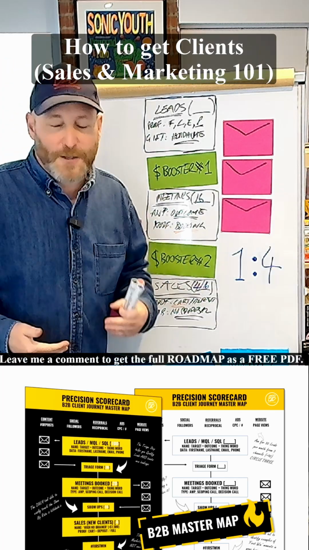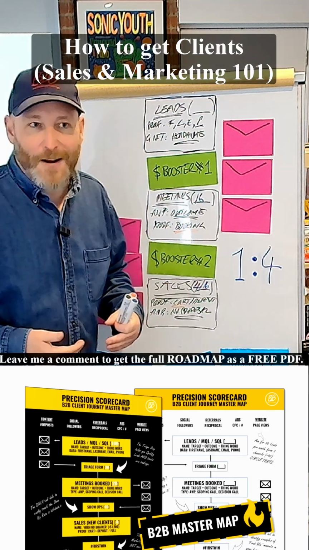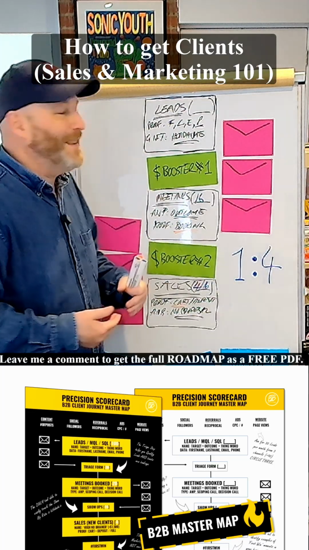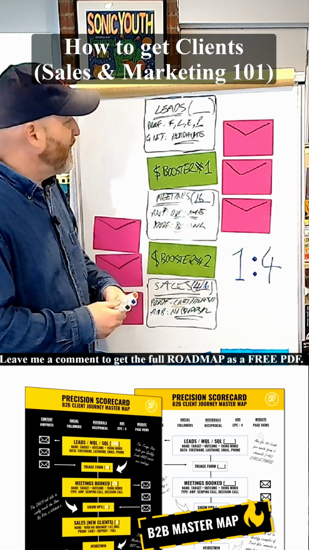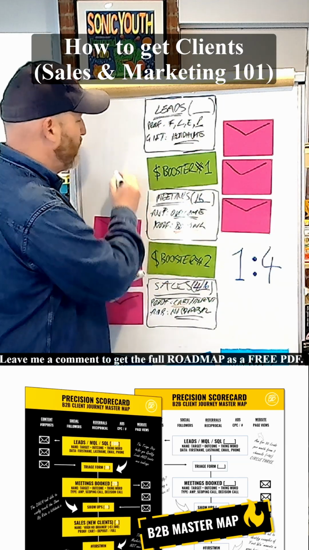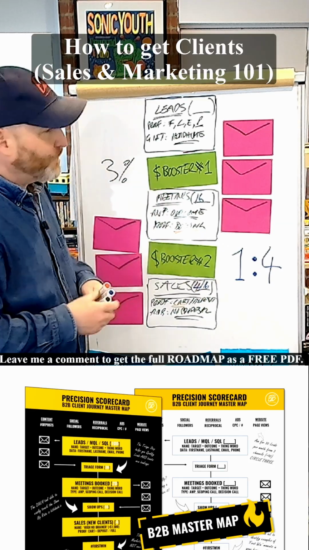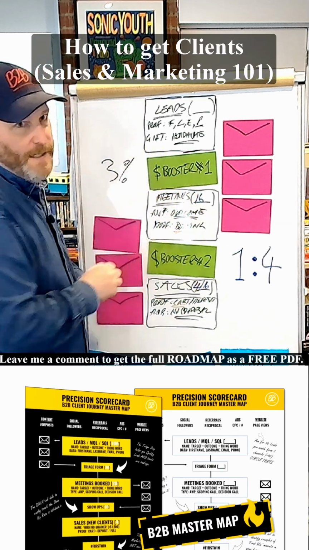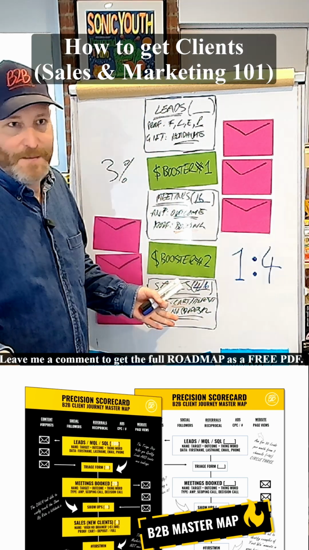Now, the next metric that I'm going to give you might shock you. It might horrify you. It might leave you feeling a little bit overwhelmed. And that is because the typical conversion rate from a lead to a meeting is usually around 3%. Now, if you need 16 meetings, how many leads are you going to need to generate to get your 16 meetings?